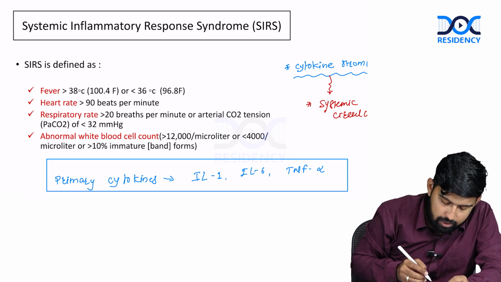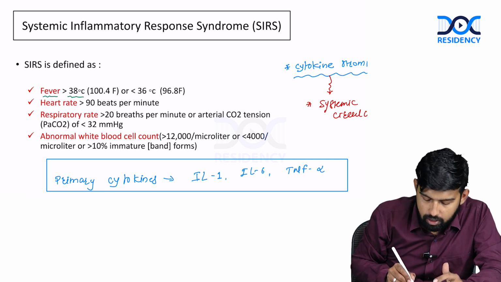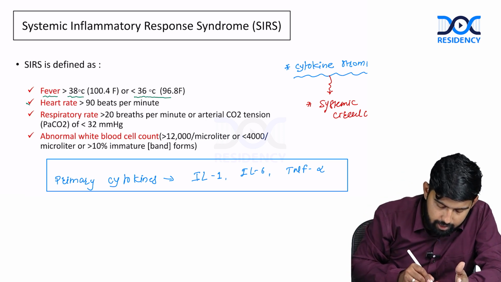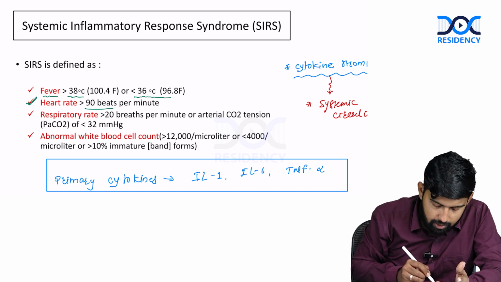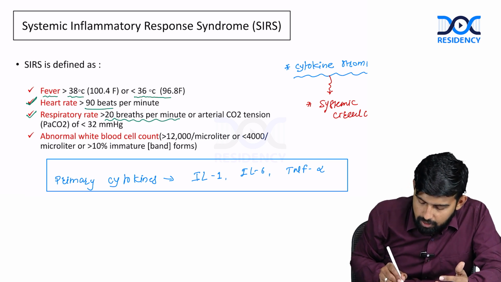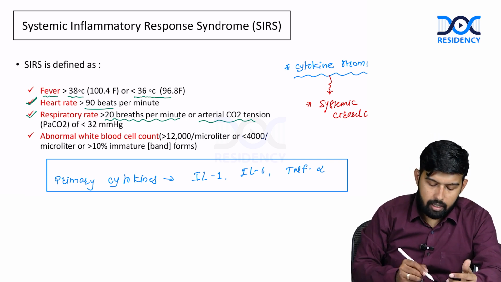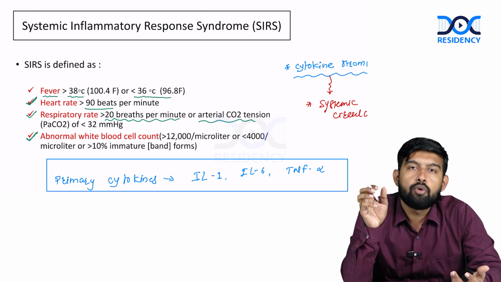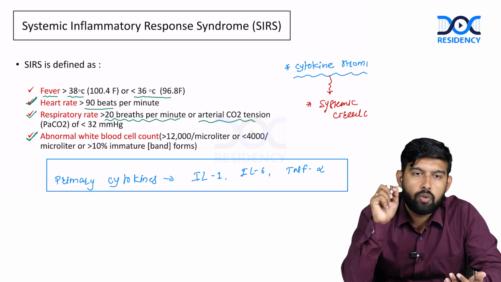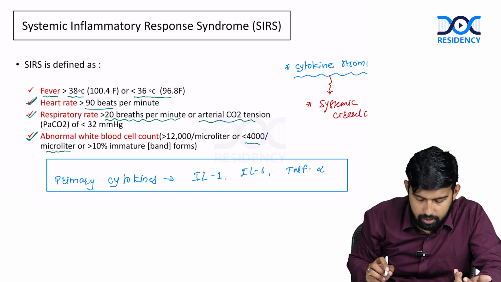It is defined as the presence of a fever more than 38 degrees Celsius or hypothermia less than 36 degrees Celsius; an increase in heart rate, that is tachycardia more than 90 beats per minute; an increase in respiratory rate more than 20 breaths per minute, or arterial CO2 or PaCO2 less than 32 mm of Hg; and a raised WBC count more than 12,000 per microliter, or a WBC count less than 4,000 per microliter can be considered as components of systemic inflammatory response syndrome.